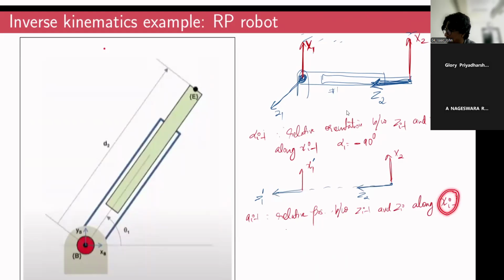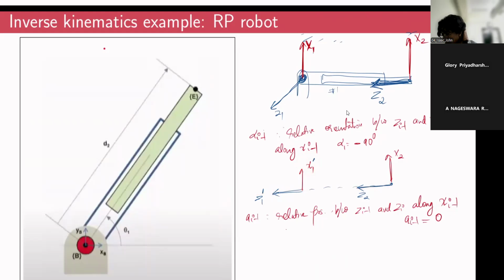Relative position along x i minus 1: x1 is along this direction, so there is no offset between Z1 and Z2, because along X1 they are lying on the same line. So that is 0. a i minus 1 in this instance would be 0. I hope that is clear.